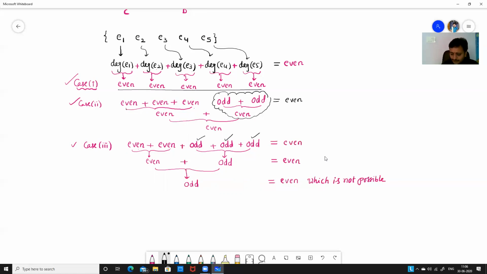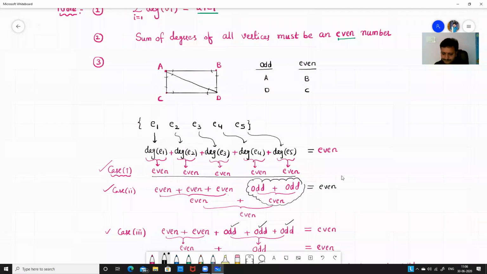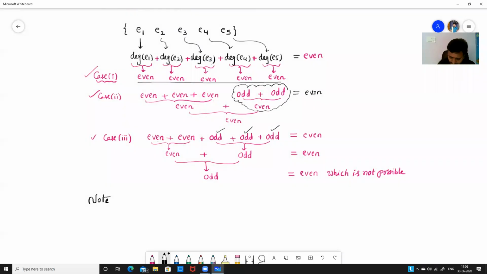So what I'm going to conclude from this, the most important note, that is the third point.